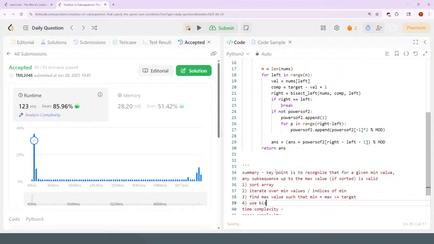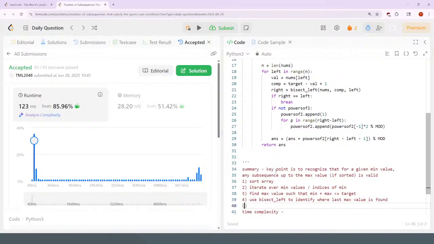Use bisect. This is really kind of an optimization. Use bisect left to identify where the last max value is found. In this case, it'd be bisect left of the array and then the complementary value plus 1, where comp is equal to target minus the min value.